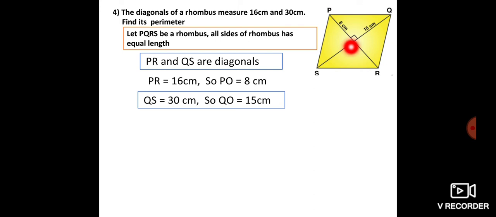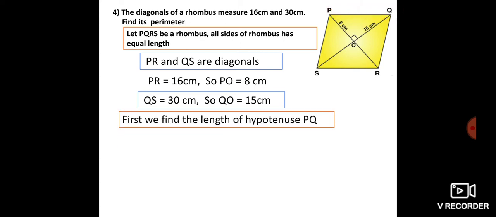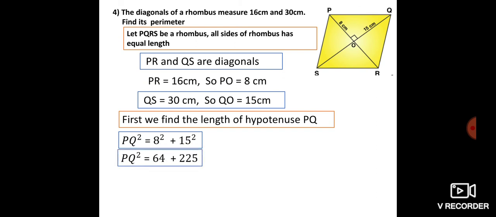Here you can see a right angle. Then opposite of right angle is hypotenuse. That is PQ is the hypotenuse. So by Pythagoras property, first we find the length of hypotenuse PQ. PQ square equal to hypotenuse square equal to sum of the squares of two legs, 8 square plus 15 square, that is 64 plus 225.